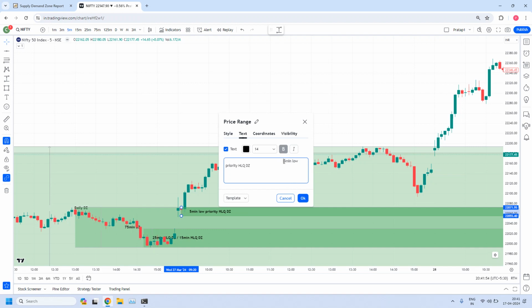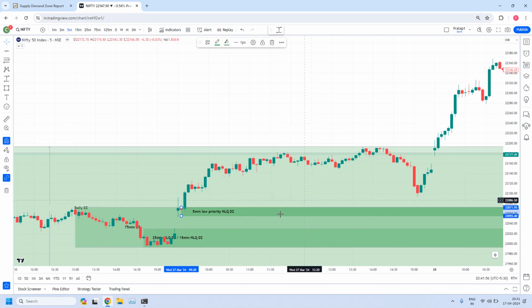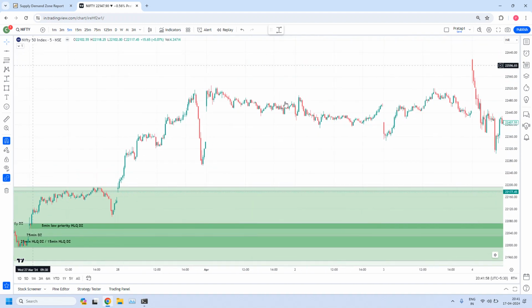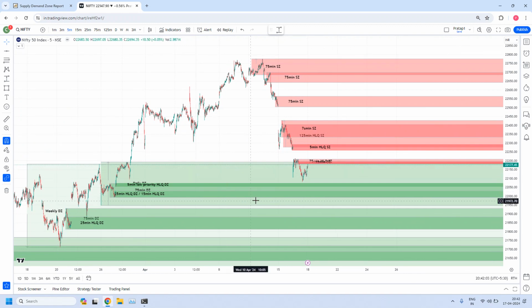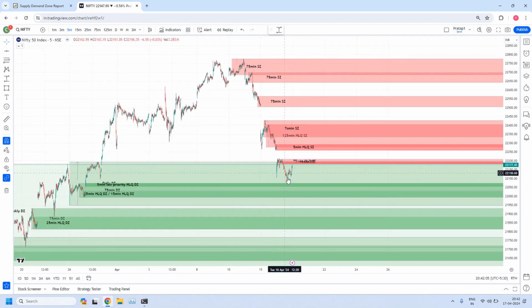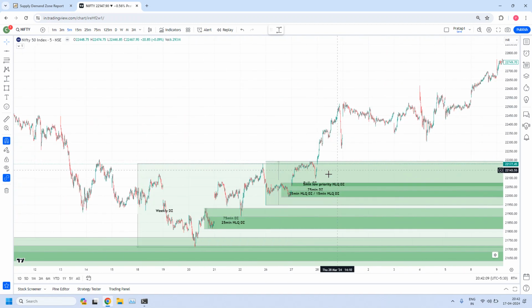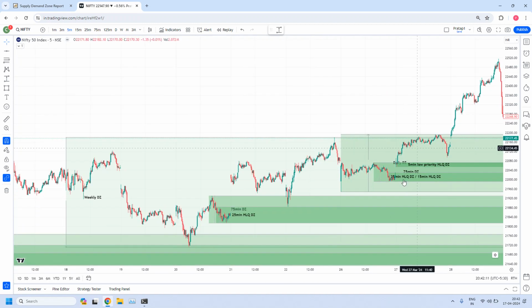This is a 5 minutes low priority high liquidity demand zone. So this is the immediately available one, exactly from here holding the prices. This is the one that held the prices.